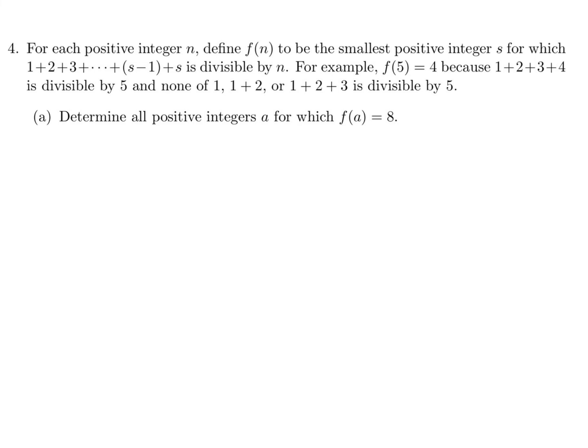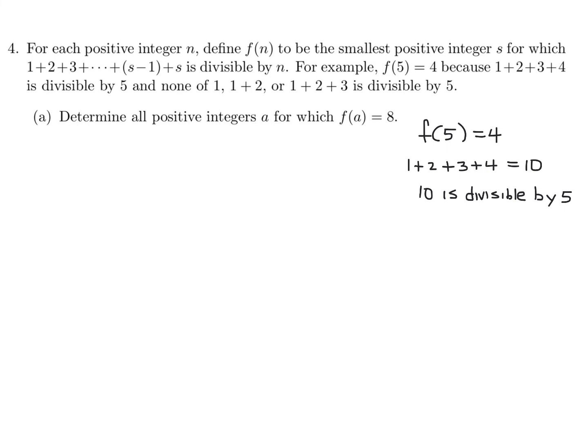First, let's try to understand this question. They're saying that f at 5 is equal to 4, right? And what that means is that 1 plus 2 plus 3 plus 4, which is equal to 10, and 10 is divisible by 5.